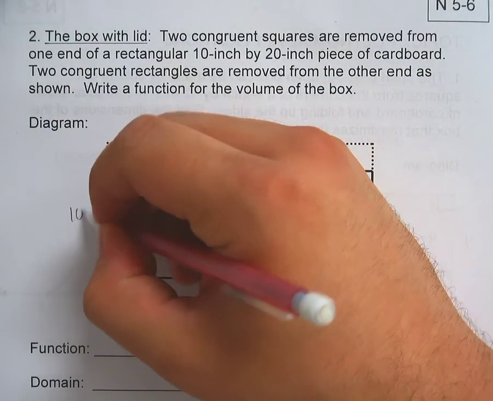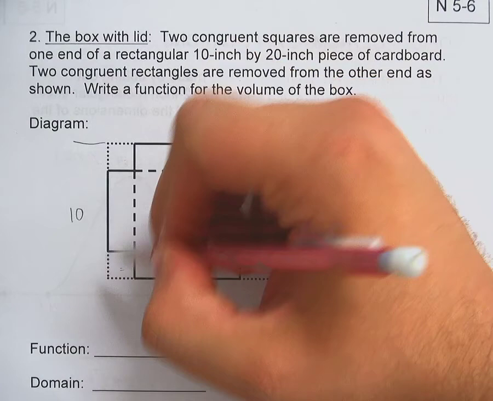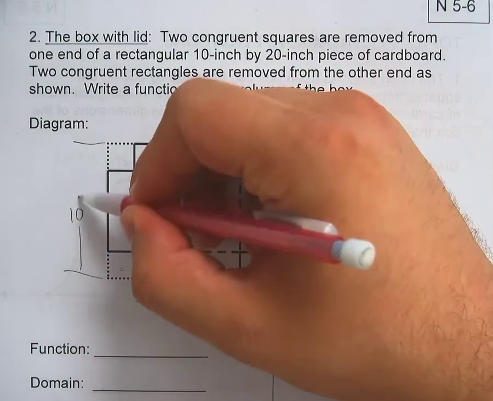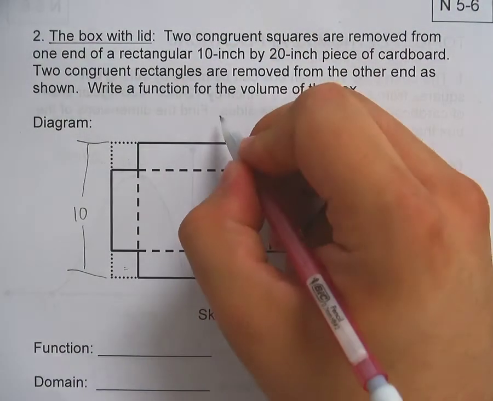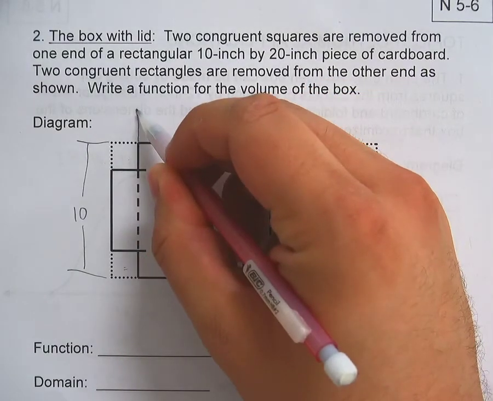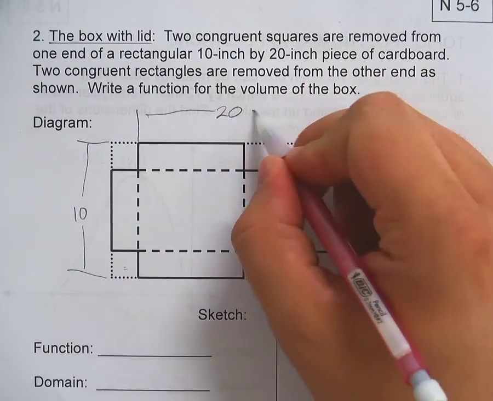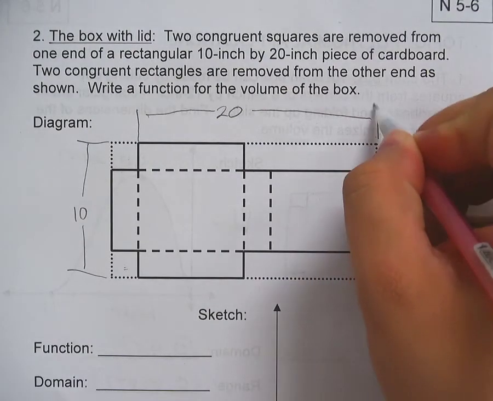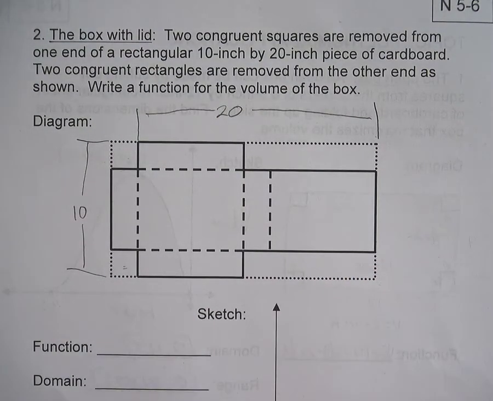So I'm going to go ahead and do this. This is 10 from here to here. This is 10. And this is 20 from here to here. Two congruent rectangles are removed from the other end as shown.